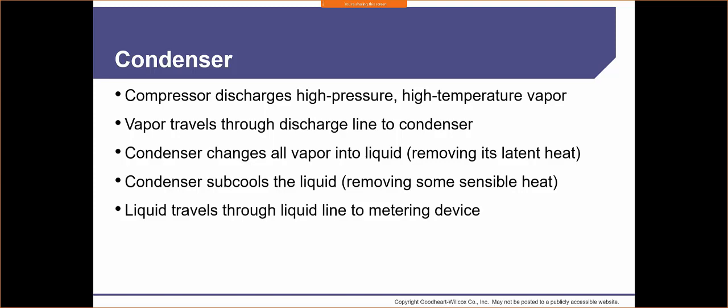This is critical because certain systems are going to require a certain amount of subcooling to ensure that we have enough refrigerant flow. We want to ensure that our refrigerant doesn't turn into a vapor before it gets to the metering device. We do this by measuring our subcooling.